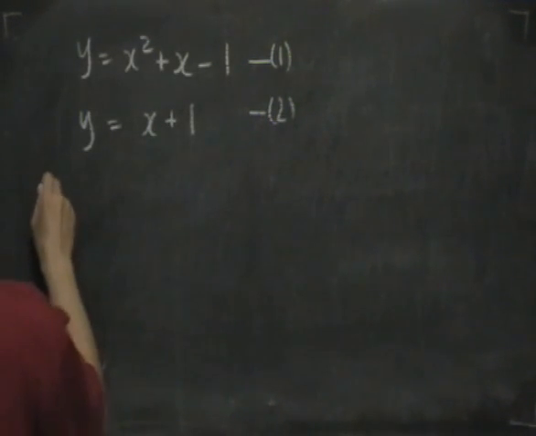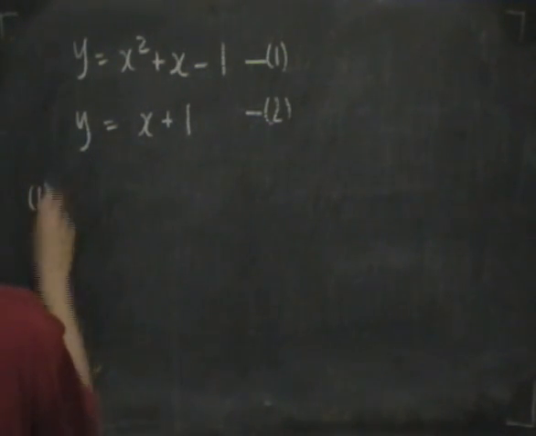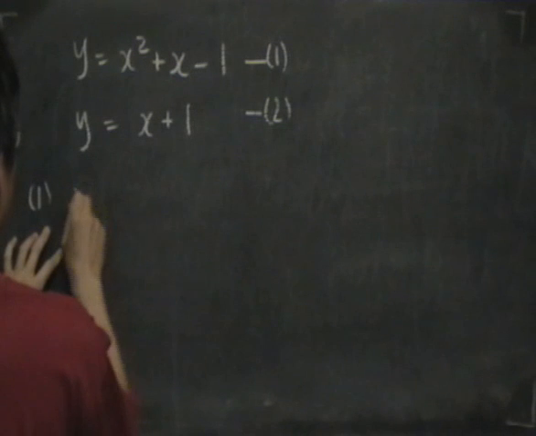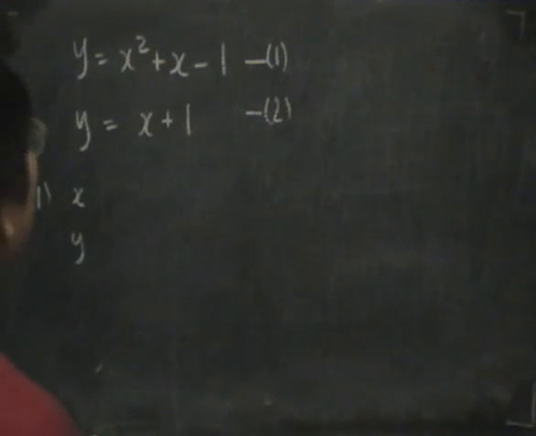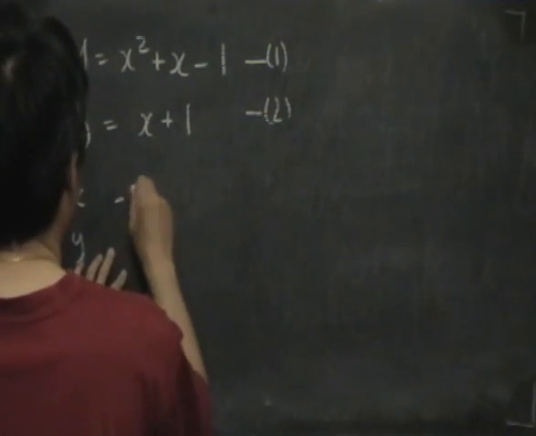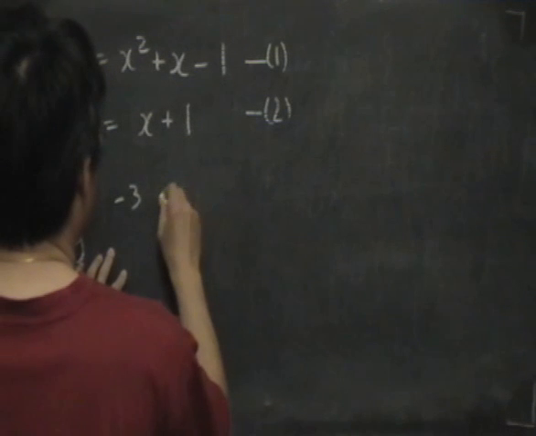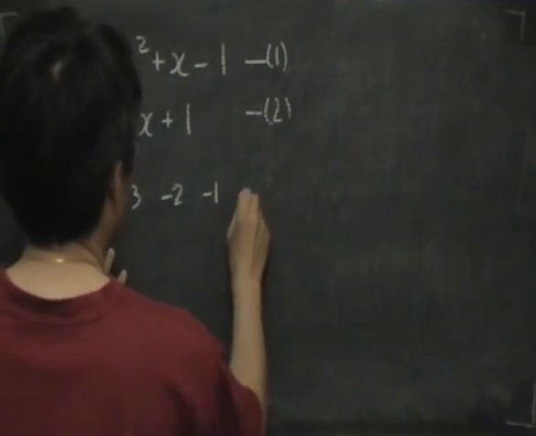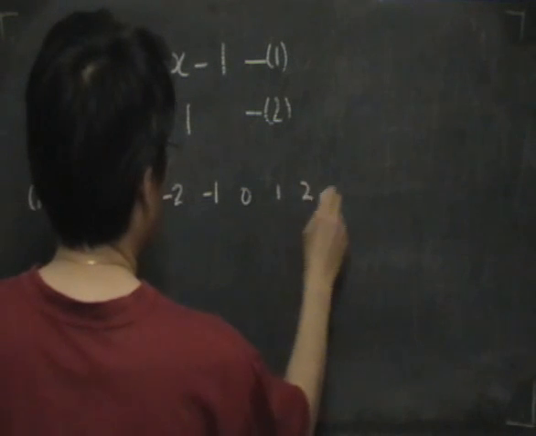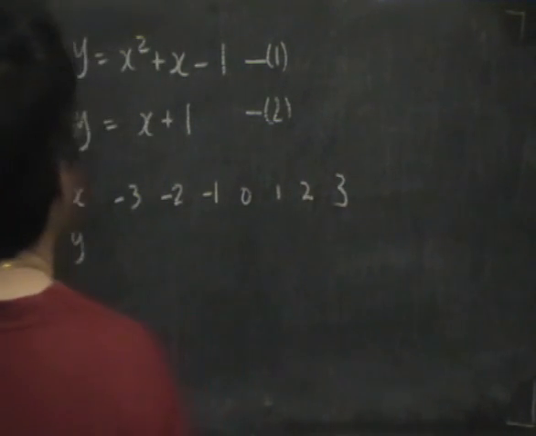And I need to make a table of values, so x and y. Let's go for minus 3, minus 2, minus 1, 0, 1, 2, 3.